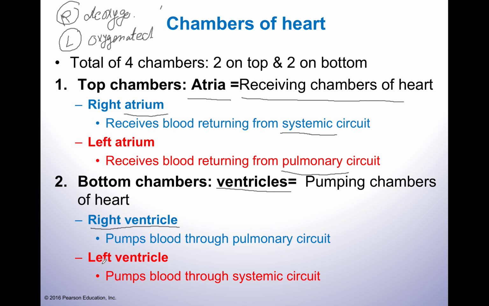But the left ventricle is oxygenated blood, and therefore this oxygenated blood has to go to your body, and therefore it goes through your systemic circulation. Kind of connecting a point we discussed for blood vessels, the main blood vessels that are coming off of the left ventricle would be aorta, which is the largest blood vessel that you have in your body.